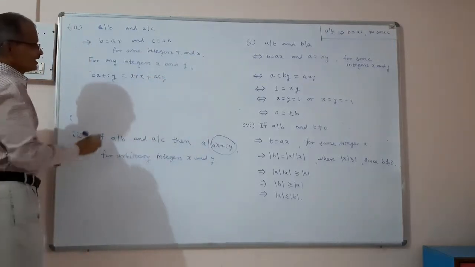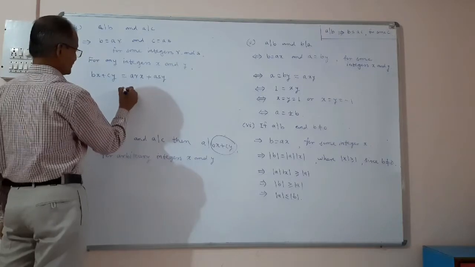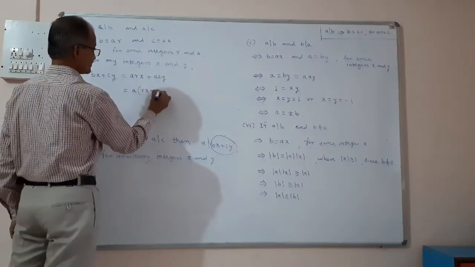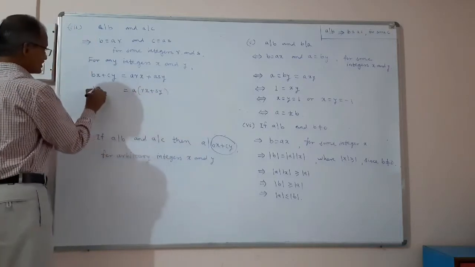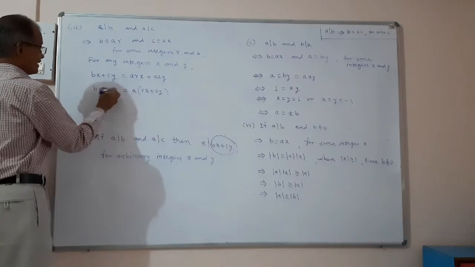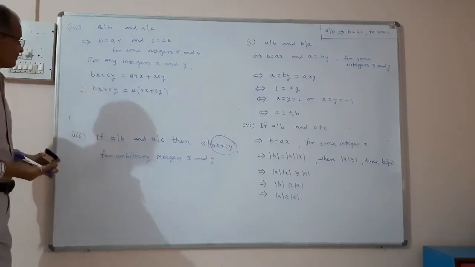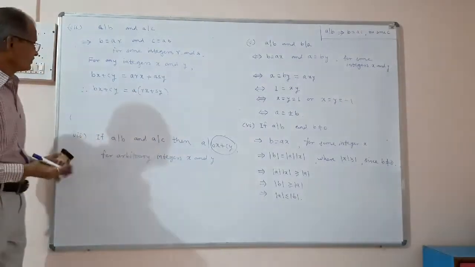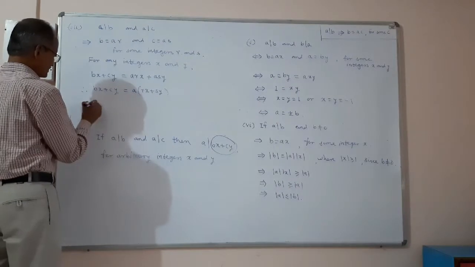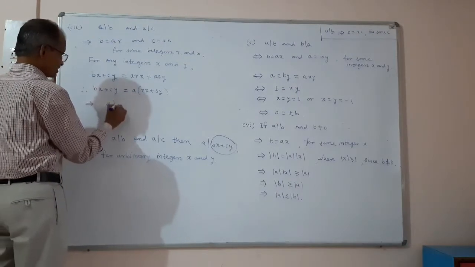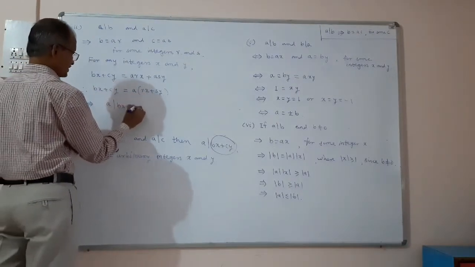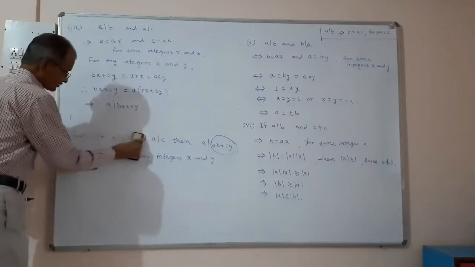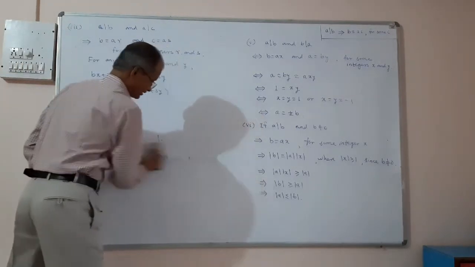And now you see a can be taken common. So this is equal to a into rx plus sy. So this is bx plus cy. And this shows that bx plus cy has a as a factor. Therefore a divides bx plus cy. And this proves the last result also. So thus we have proved all the results here.